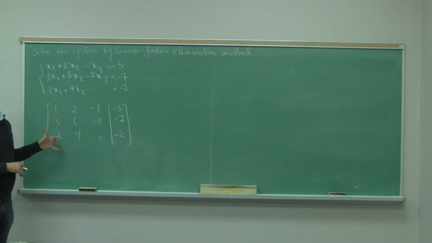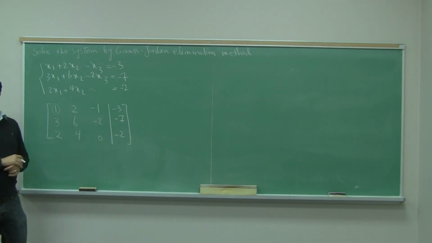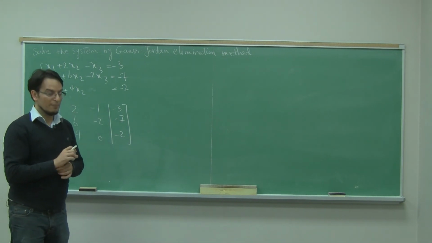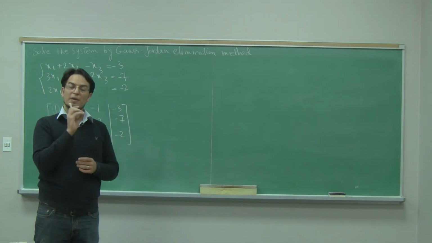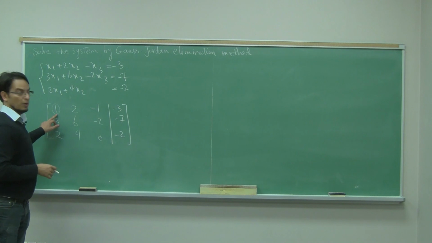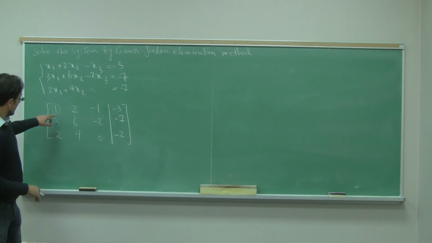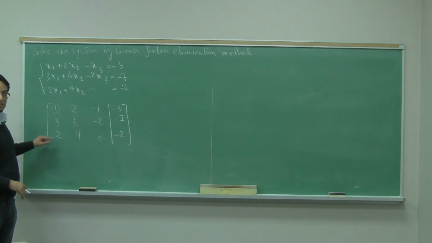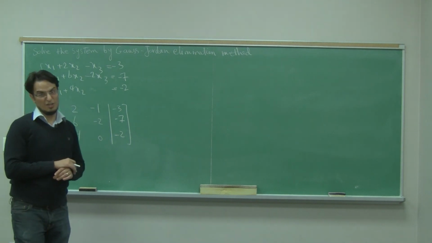Pick one of the non-zero elements, if there is any one. So here there is one. I choose this guy. Pick one of them and use it to make a leading one, meaning first change it to 1, it's already 1. Then make everything else in that column 0.